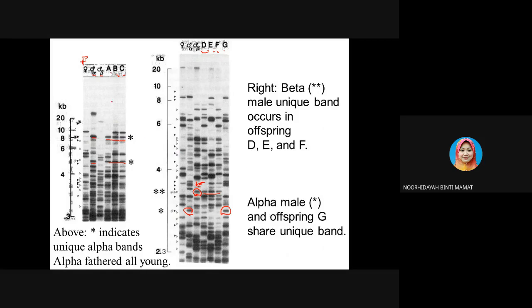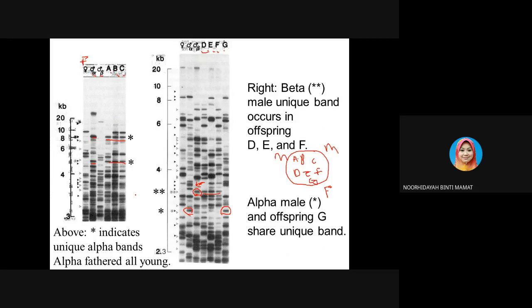It means in one clutch we have A, B, C, D, E, F, G young offspring chicks. We have an alpha male, a beta male, and one female. How do we confirm which male this offspring belongs to? By using the DNA fingerprint.